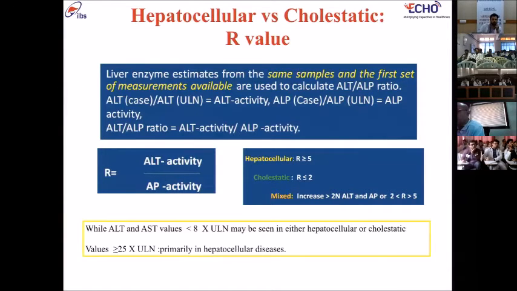An R of more than 5 is usually indicative of hepatocellular damage. Cholestatic pattern usually causes a predominant increase in the alkaline phosphatase, and R is usually less than 2, and a mixed pattern is basically between 2 and 5.